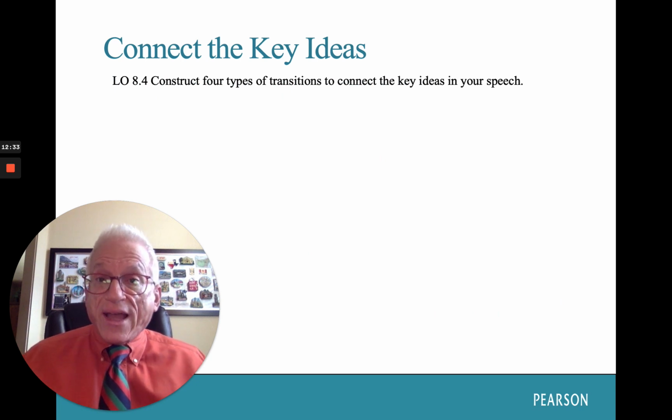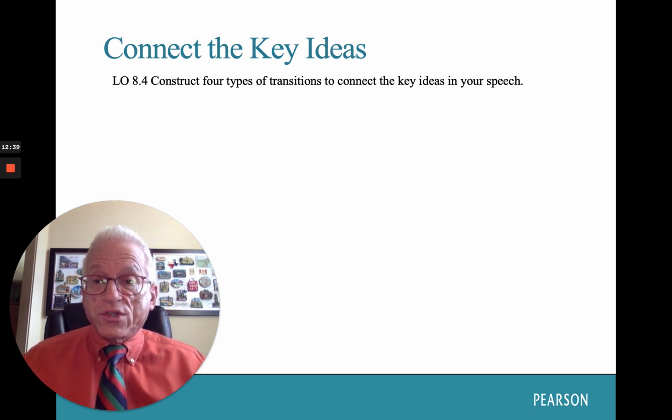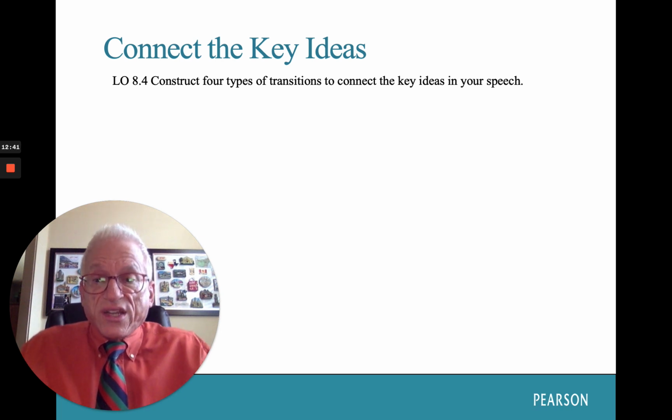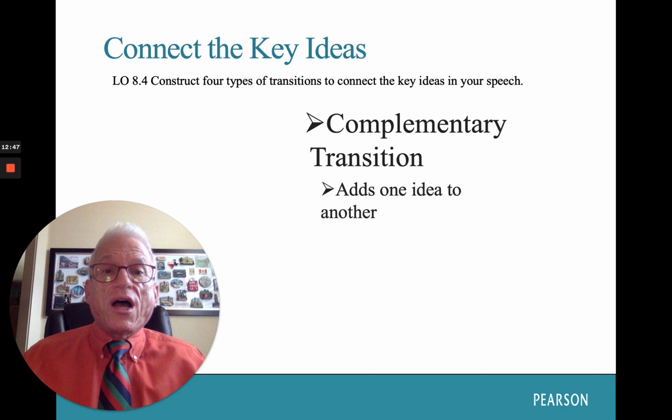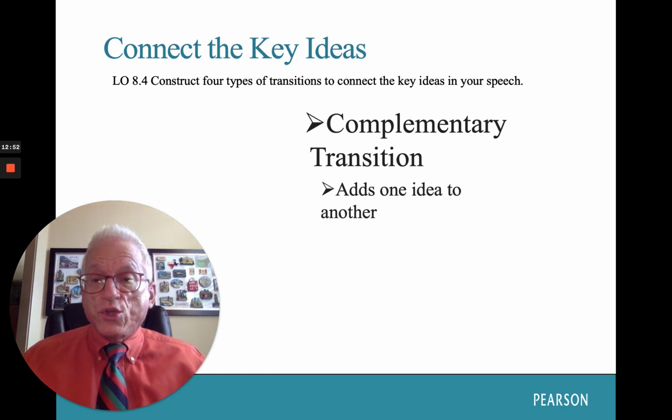Now, we want to connect those key ideas, and this is where we talk about our transitions. We built transitions into speech 1 because I wanted to give you a sense of how those transitions work. So the first thing we want is a complementary transition. This adds one idea to another.